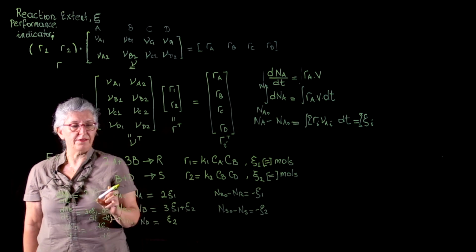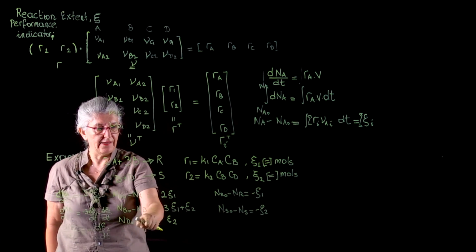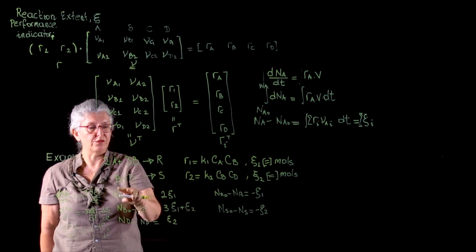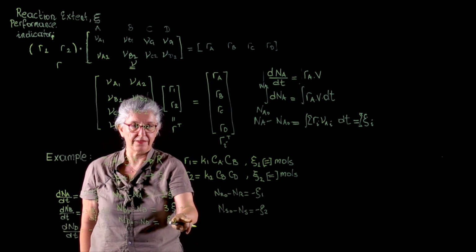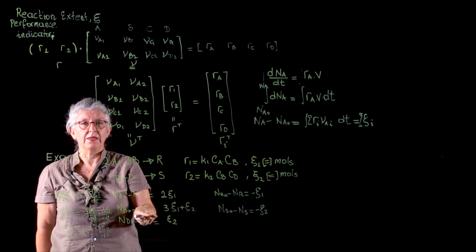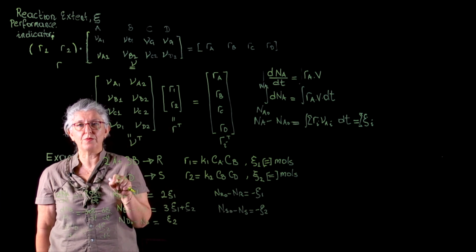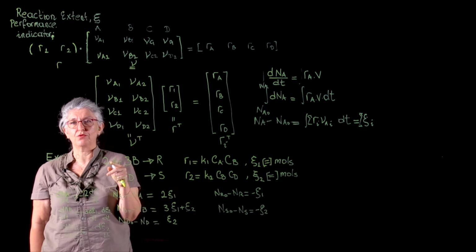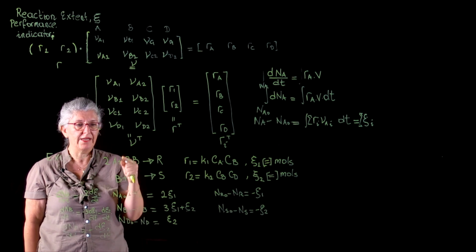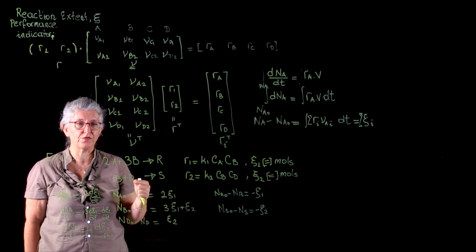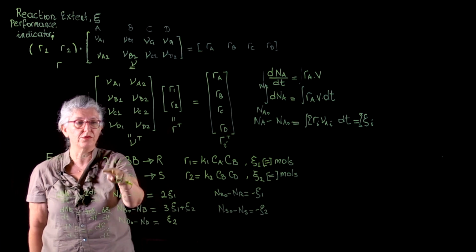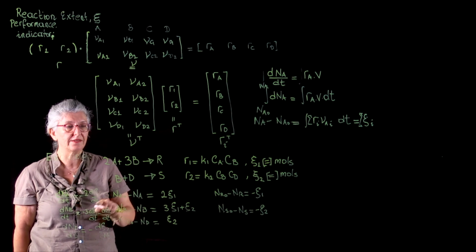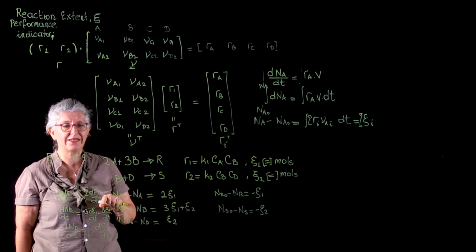Now, as you see, we are reducing a 5-dimensional space into a 2-dimensional space, Xi1 and Xi2. In a single reaction network, we were using conversion to bring a multidimensional component space into a one-dimensional conversion space. Here, in a complex reaction network, we are converting a multidimensional component space into the space that is defined by the reaction extents.